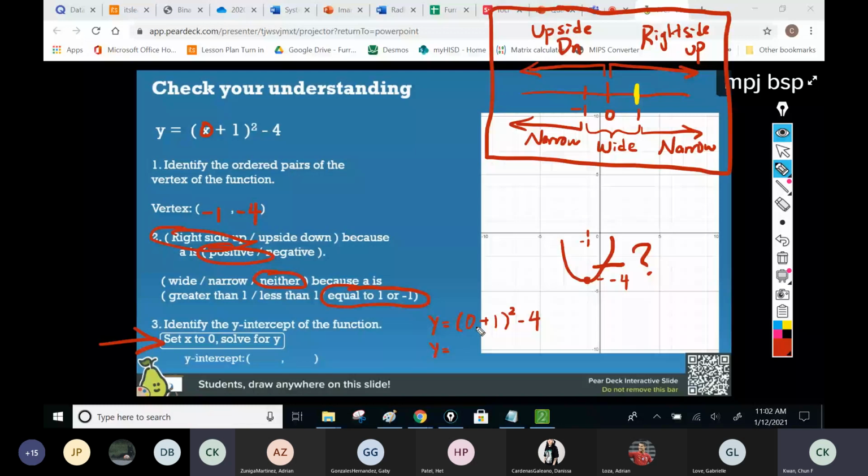So 0 plus 1 is 1. And then 1 squared is 1.